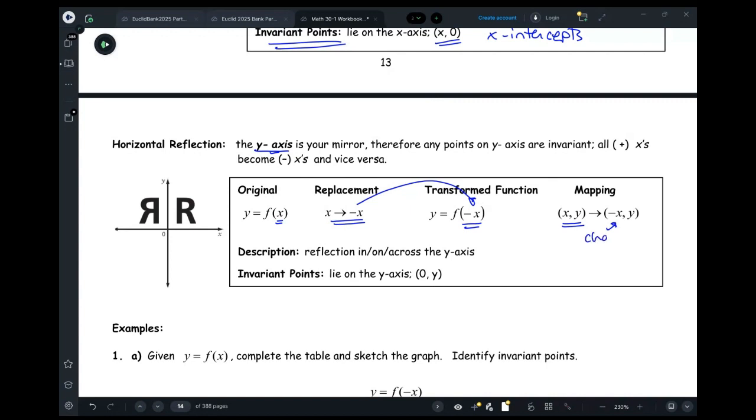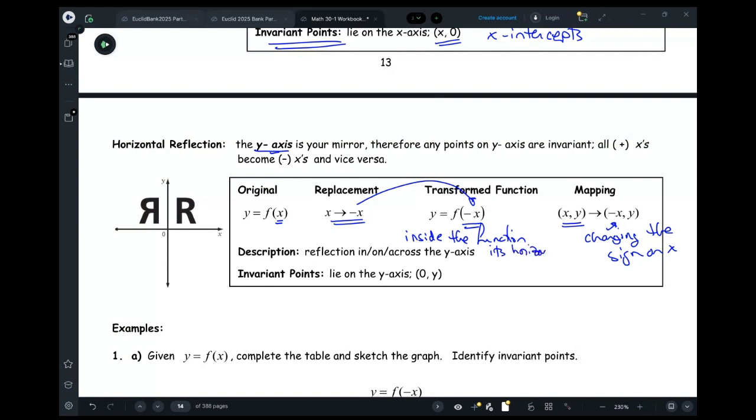We are changing the sign on x. And because this is inside the function, because the change that we're seeing happens before the function acts on it, this is changing the value of x before we apply the function, it's horizontal.